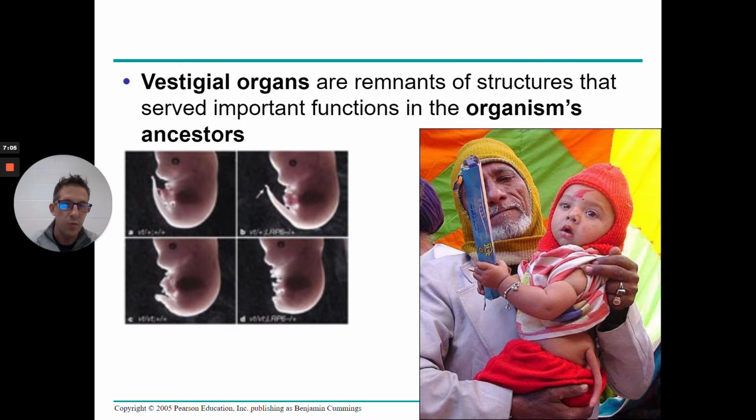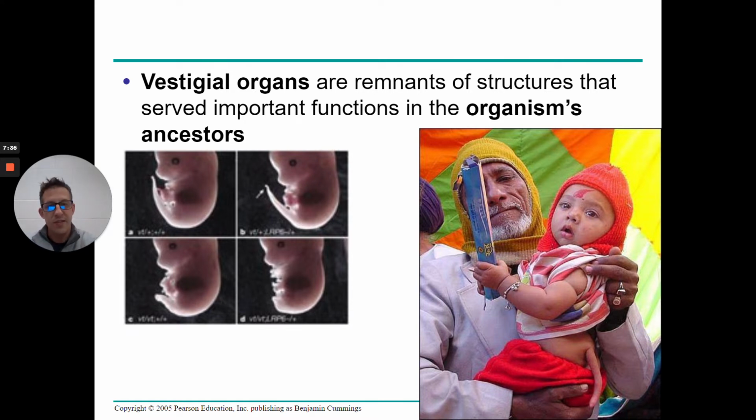One of the things that you will notice, and is kind of connected to this idea of comparative embryology, is looking at vestigial organs, where we look at certain animals and we notice things about those animals that just don't fit. Sometimes you can look at a snake, and there are some breeds of snakes that actually have vestigial legs, which is a throwback to one of their ancestors that at one point did have legs.